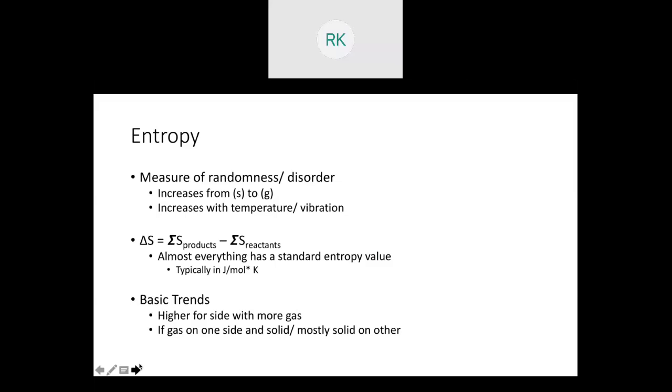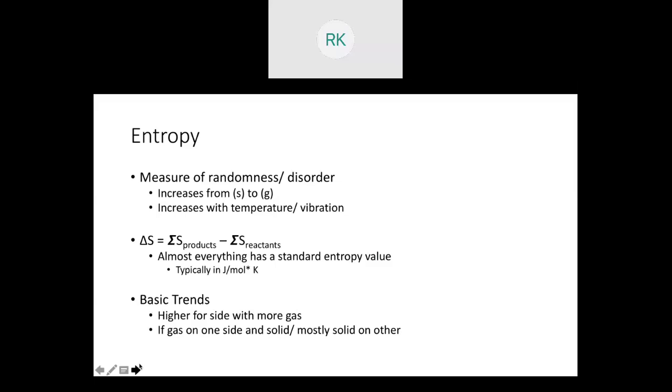Also, some basic trends. So you should be able to, like the last bullet point mentioned, calculate delta S based on a table. But something else you should be able to do is say which side has higher or lower entropy based on very basic trends, right?